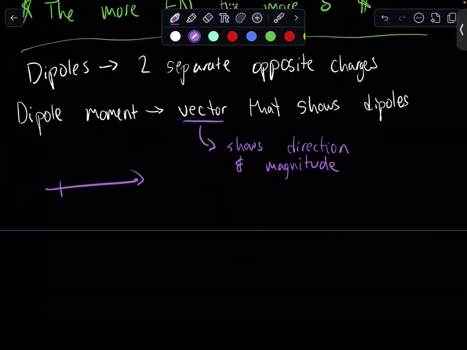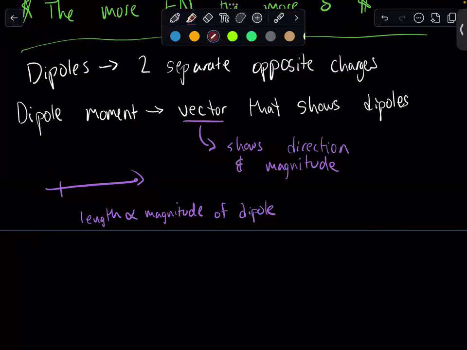This arrow tells us the length is, well, not equal to, but proportional to the magnitude of the dipole. And if we highlight certain areas of it, the back looks like a positive and the front looks like a negative. Therefore, our dipole goes specifically from the partially positive to the partially negative.